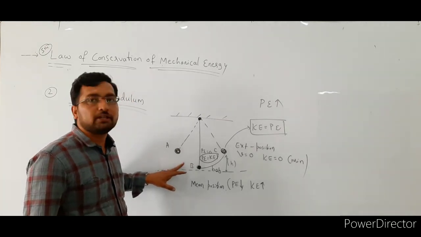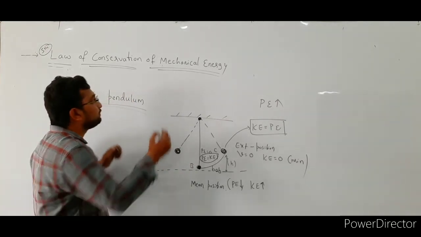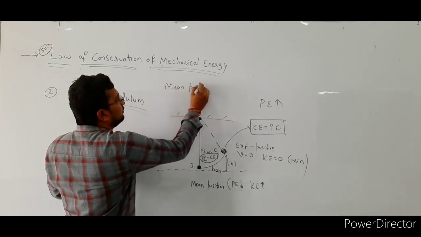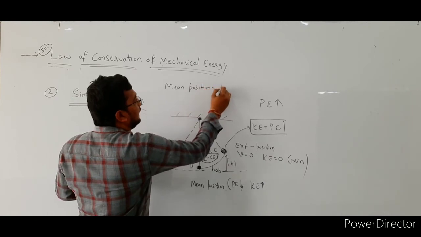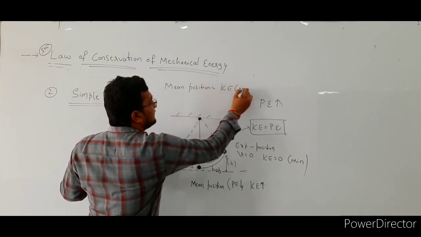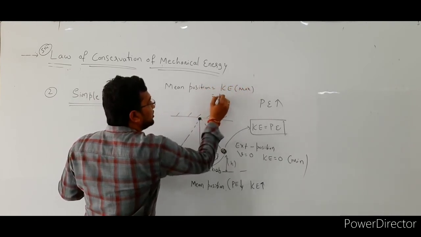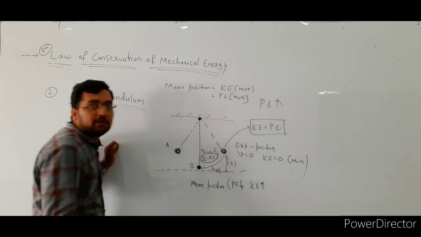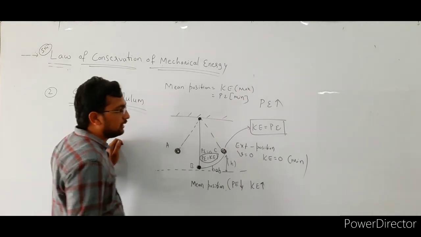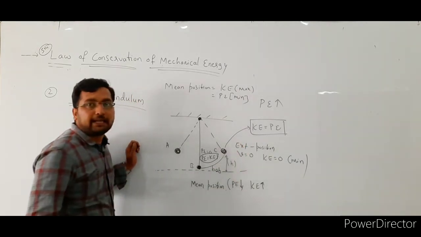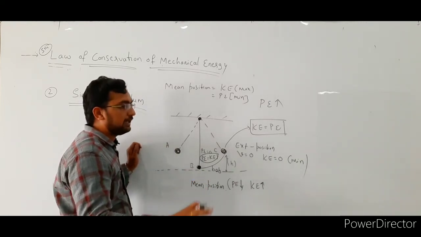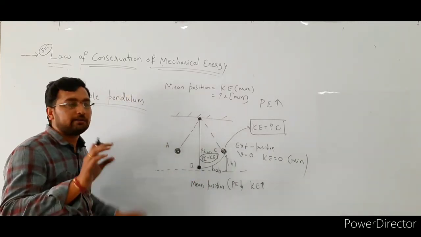At mean position, kinetic energy is maximum, potential energy is minimum or 0. Next one, at extreme position, potential energy is maximum and kinetic energy is 0 or minimum.